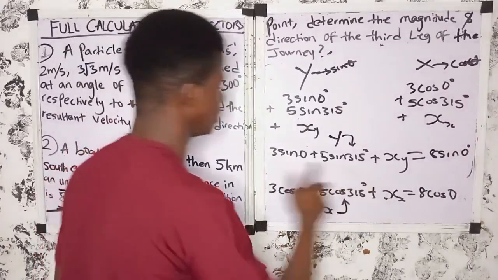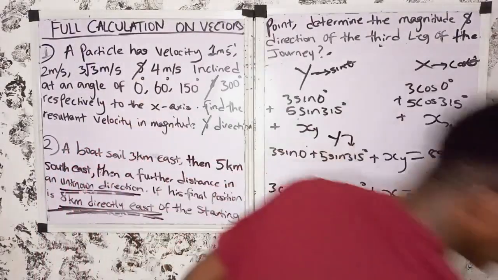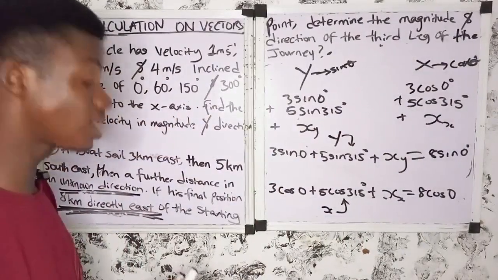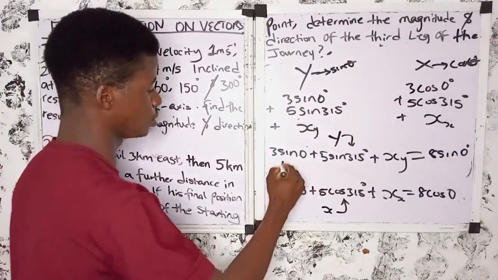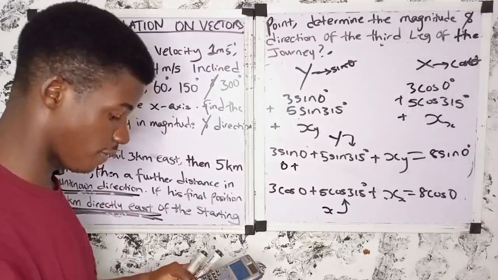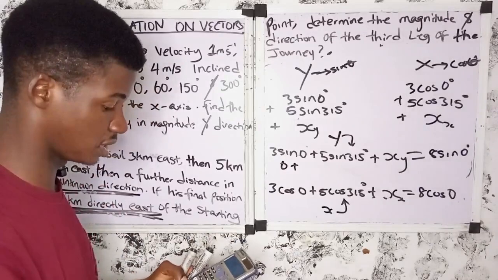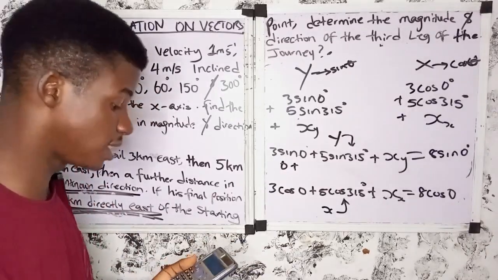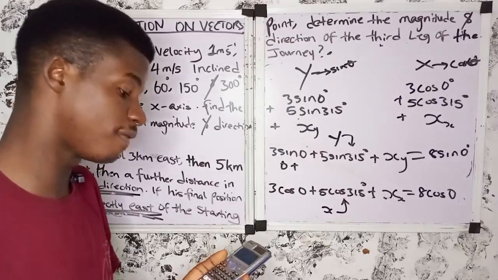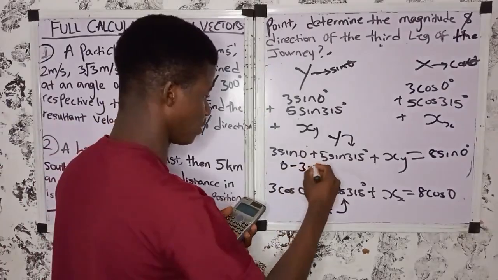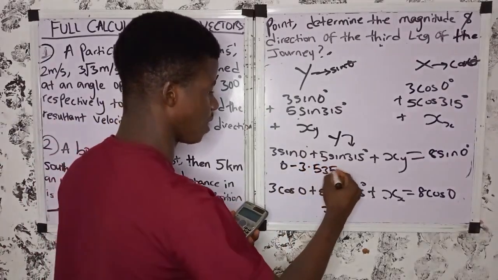Now let's add everything here. 3 sine 0 is 0. Then plus 5 sine 315, which is minus 3.5355.